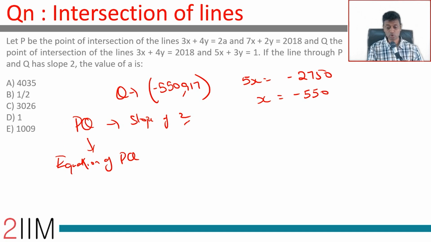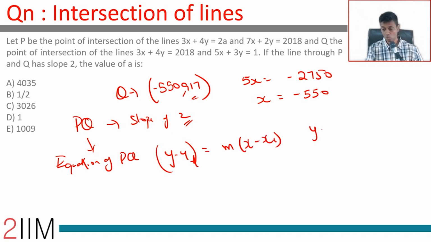How do we know that? We know a slope, we know a point. You can say y minus y1 is m times x minus x1, or y minus 917 is 2 times x plus 550. And so this is the equation of PQ. So P should lie on it.